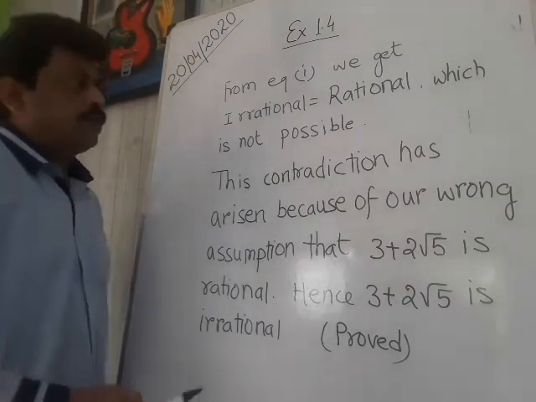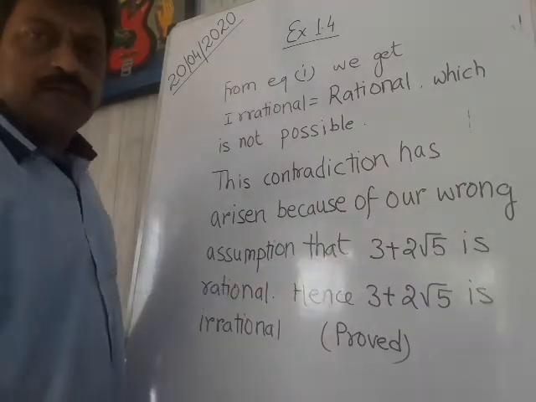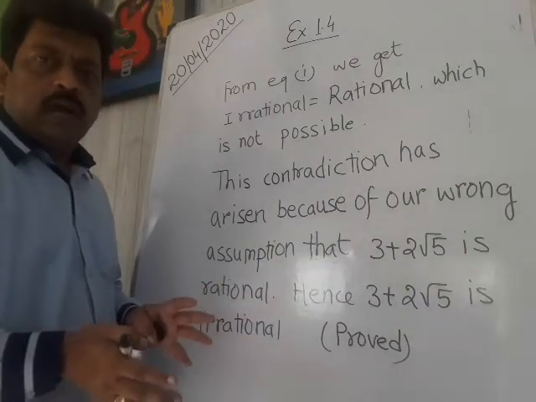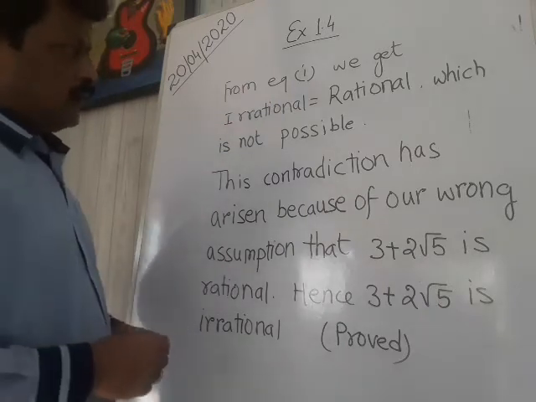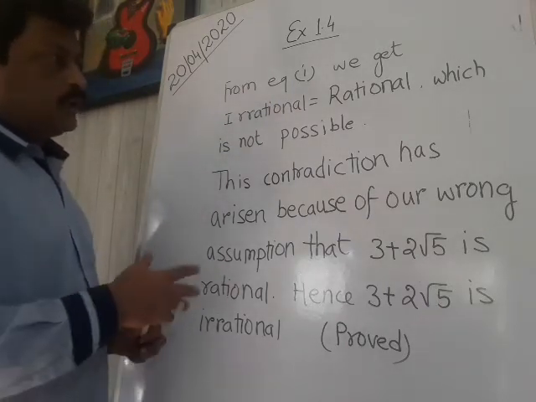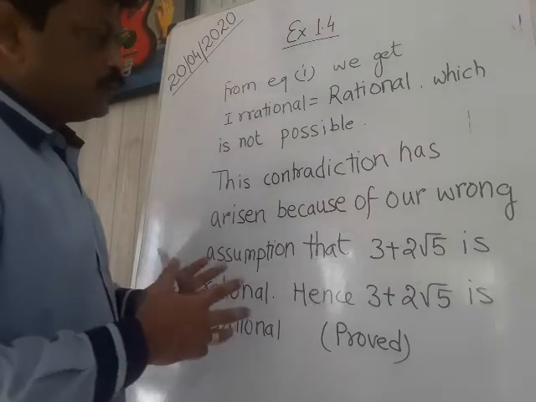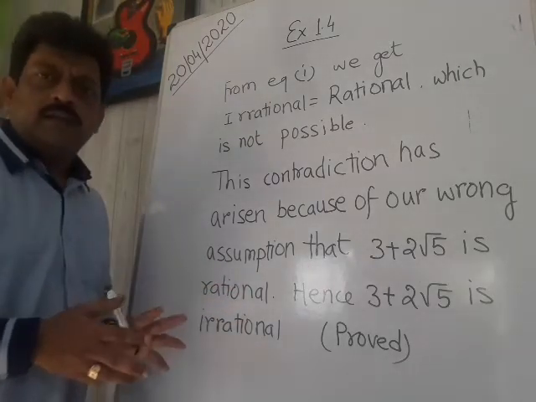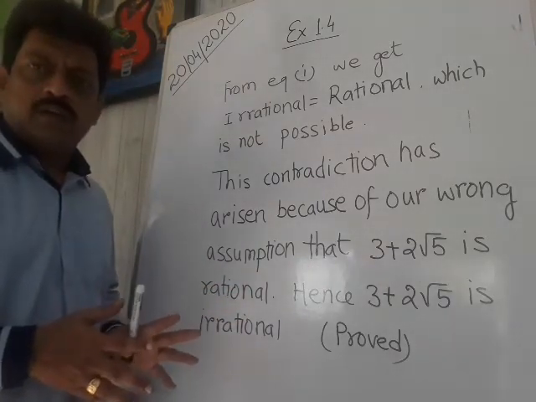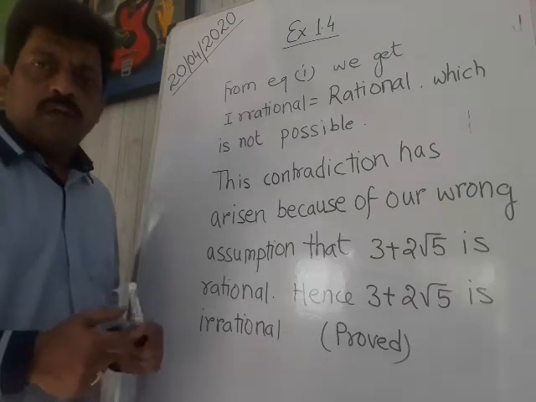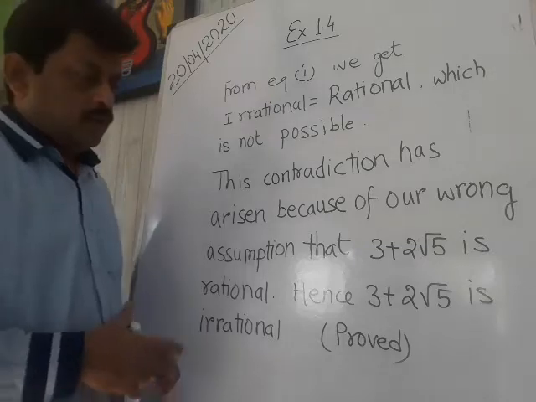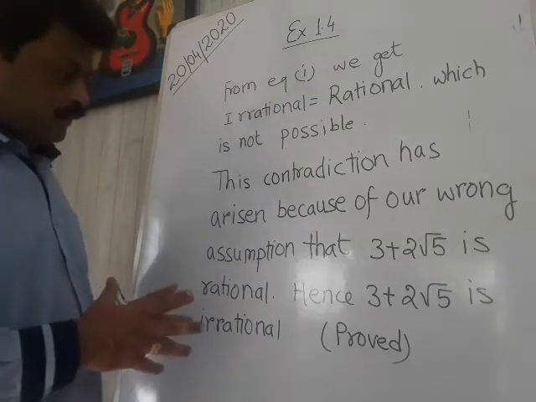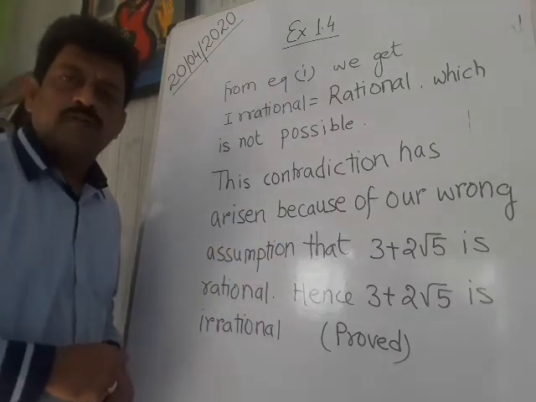In the beginning, we assumed that 3 plus 2 root 5 is rational and applied all the properties of rational numbers, but at the end of the calculation it was proved that rational and irrational are becoming equal, which is wrong. That means our assumption was wrong. Hence, 3 plus 2 root 5 is irrational.